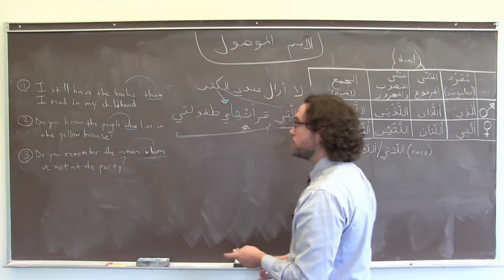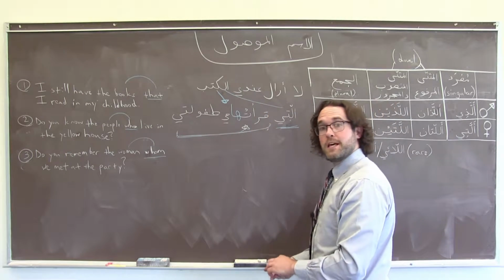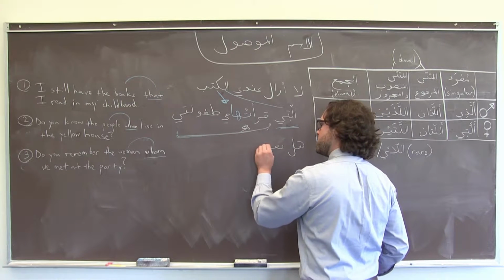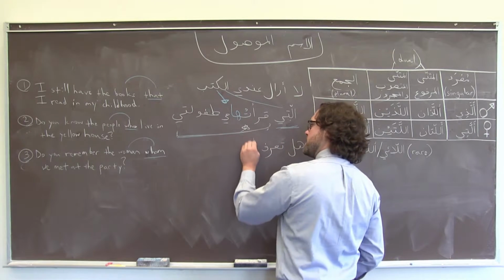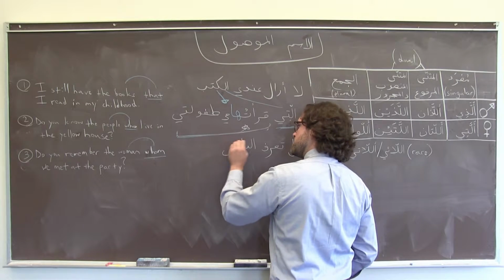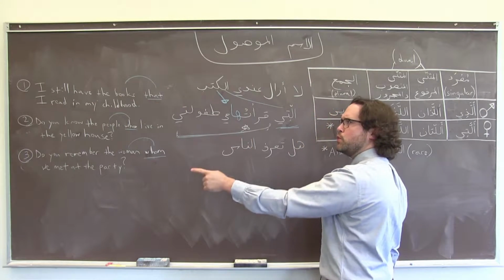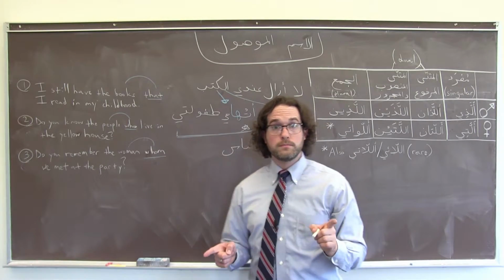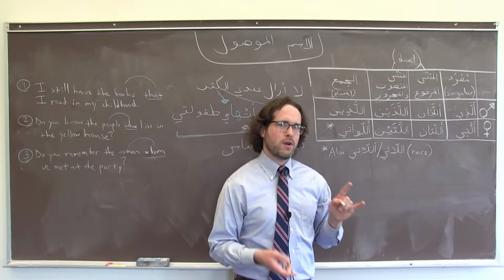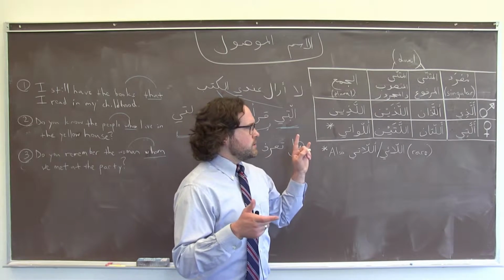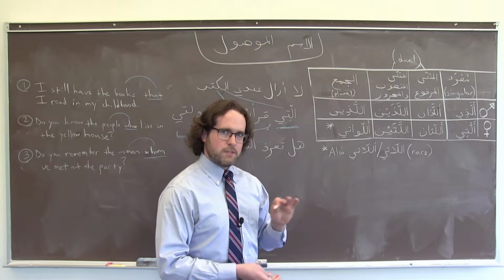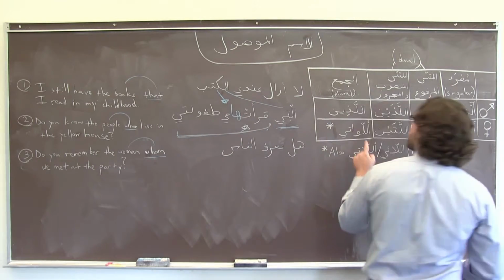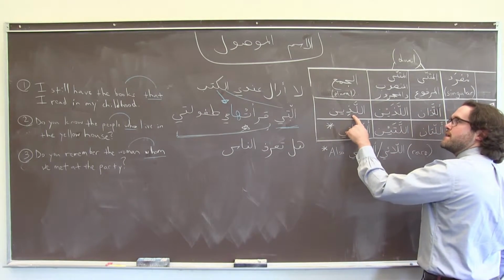Do you know the people who live in the yellow house? هل تعرف الناس؟ Okay, the people who live in the yellow house. People. Now I'm dealing with a human plural, and I don't know whether or not they are of particular genders, so I'm going to default to the masculine, which is also the mixed gender, and I get الذين.